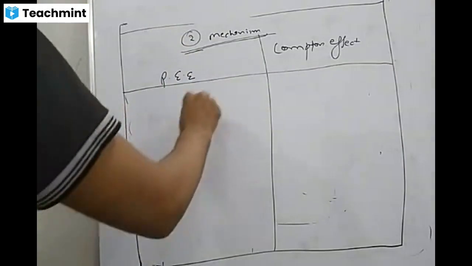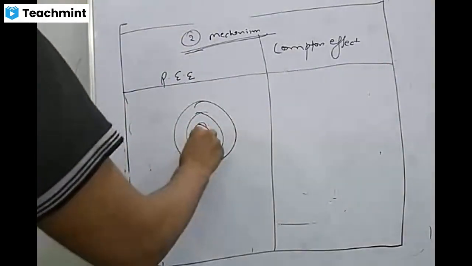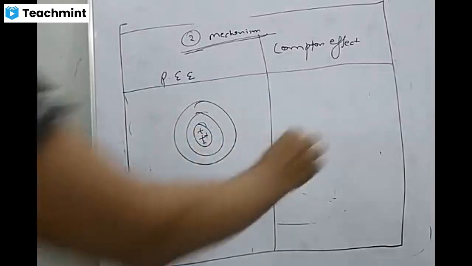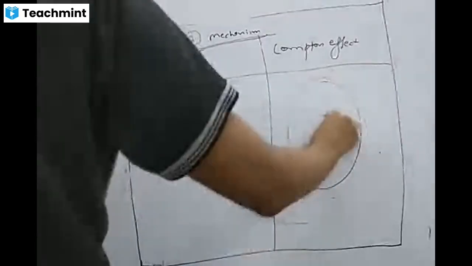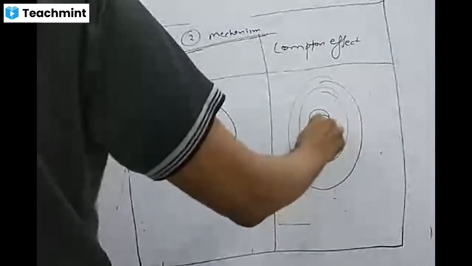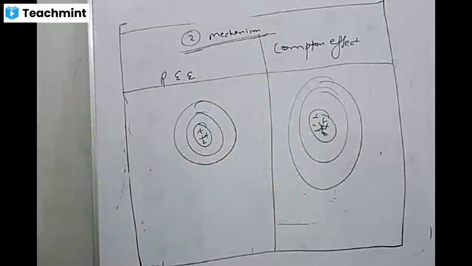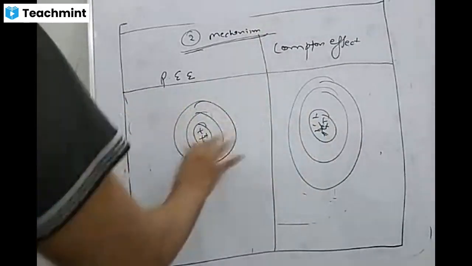Suppose this is the atom of your liver or something else, and here also an atom inside your liver. X-rays fall on the liver or anywhere. So this is the case.